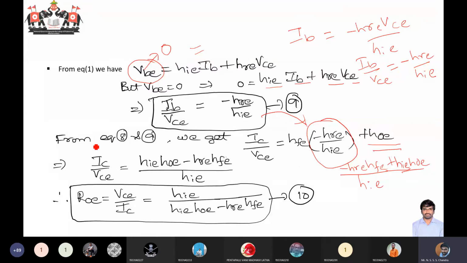This is a ratio of current to voltage, but what we require is the ratio of voltage to current. So we'll take the reciprocal of this equation. Then ROE will be equal to VCE by IC, which is the reciprocal, HIE by HIE into HOE minus HRE into HFE. So this will be your output resistance of the CE amplifier.